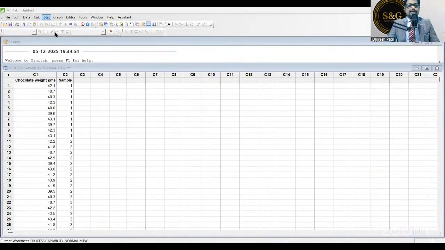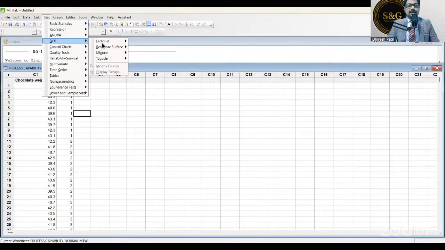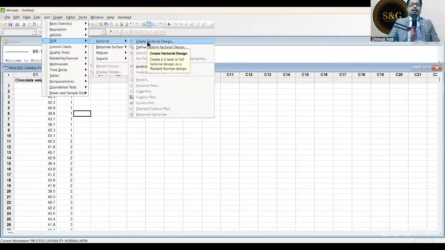Go to Stat, DOE, Factorial, Create Factorial Design. Follow this path, please. Stat, DOE, Factorial, Create Factorial Design.